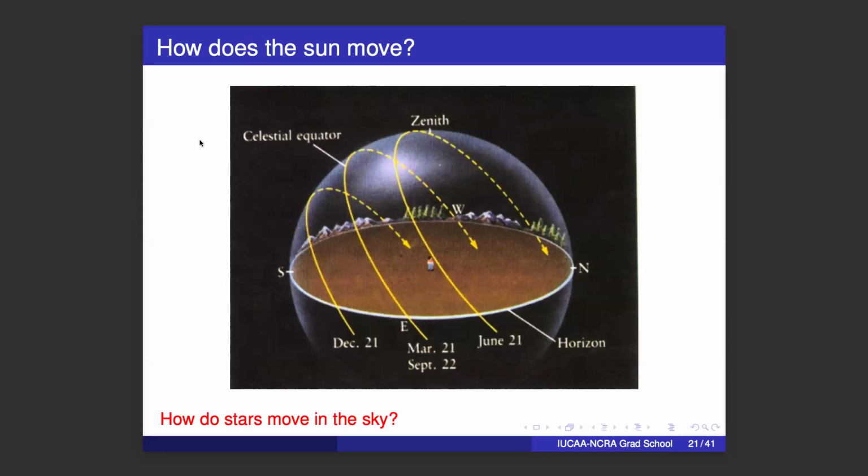And the angle that it makes with the zenith on that day will be equal to the latitude of that place. So we are at about 18.5 degrees latitude. If you observe from here, then on that day, when it crosses this north-south line, which is called the meridian, the sun will be 18.5 degrees below the zenith.